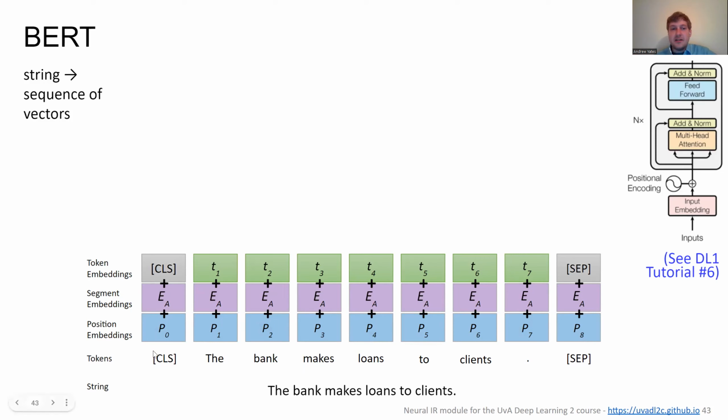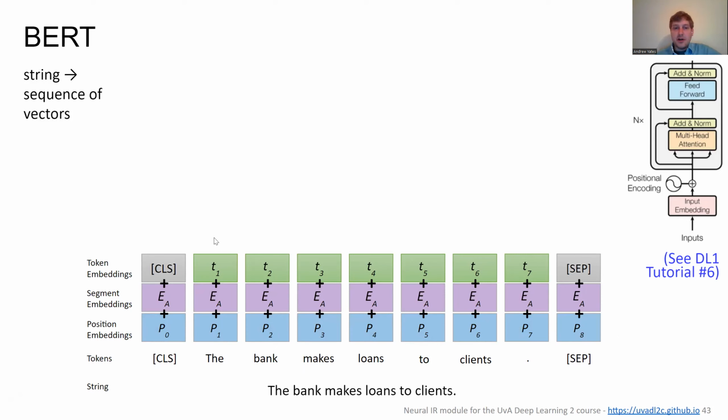So this is just saying that this term is at position 0, this term is at position 1, this term is at position 2, and so on. And so this will allow the transformer to essentially identify what terms are nearby. So you can see by comparing the embeddings that "the" is closer to CLS, the special token, than it is to "clients," because position 1 should be closer to 0 than it is to 6.